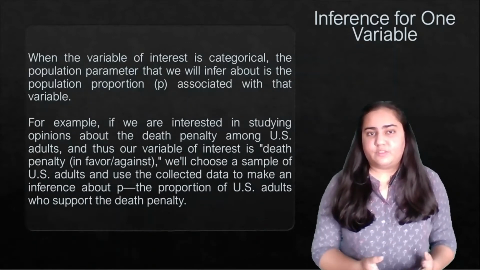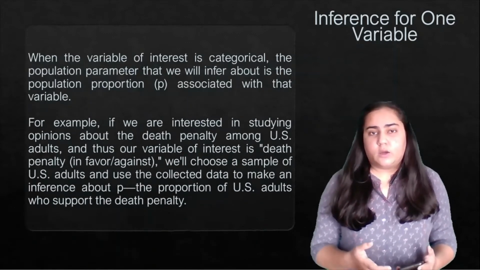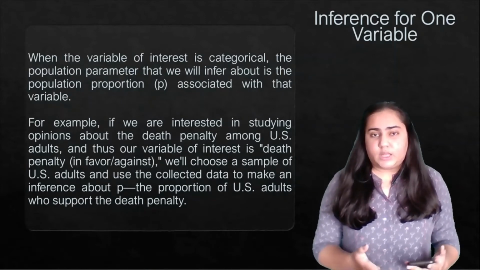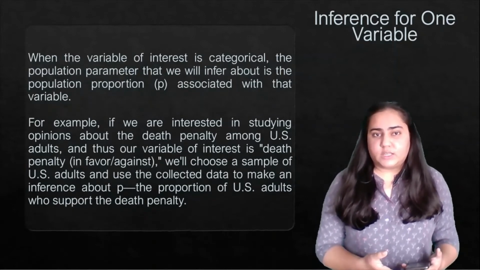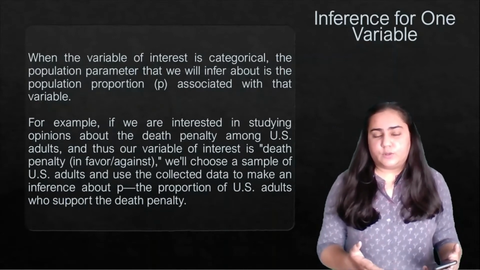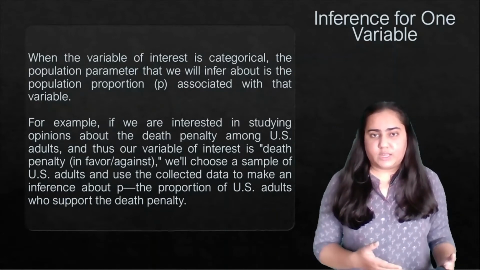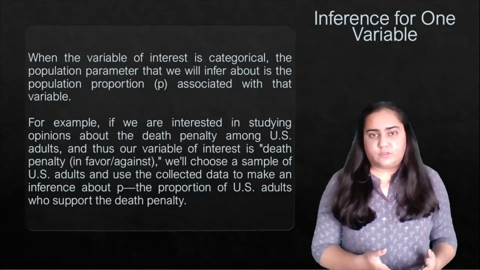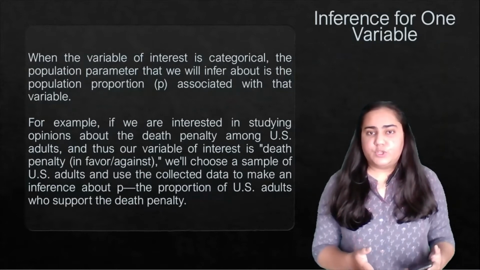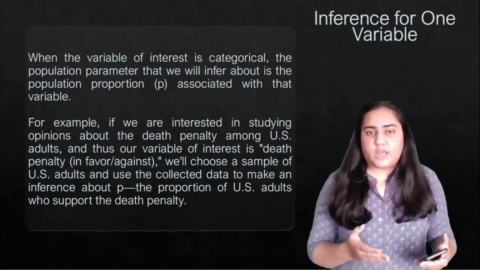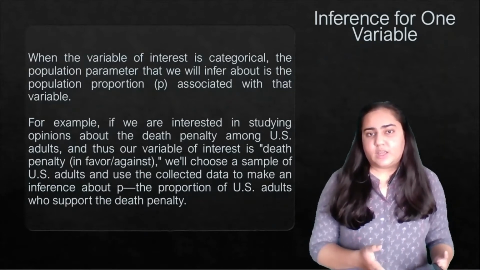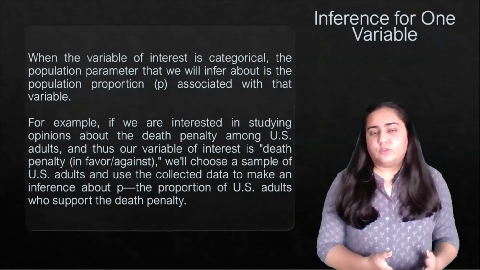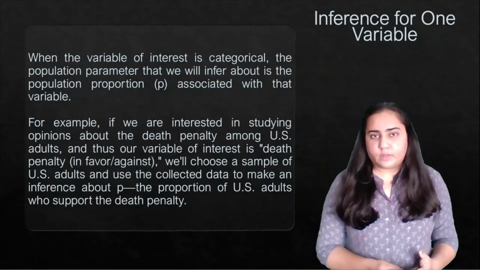For example, if we are interested in studying opinions about the death penalty among US adults, then our variable of interest is the death penalty, which is whether people are in favor or against, which is a categorical variable and not a quantitative variable. Therefore, we will choose our sample of US adults and use the collected data to make an inference about the proportion P of US adults who support the death penalty.